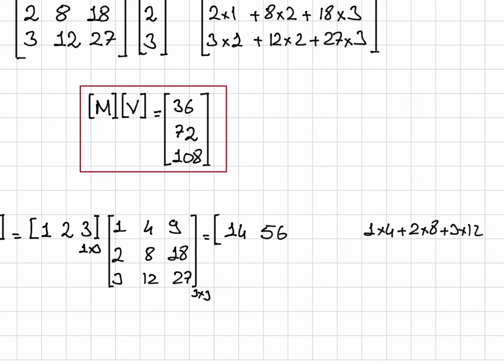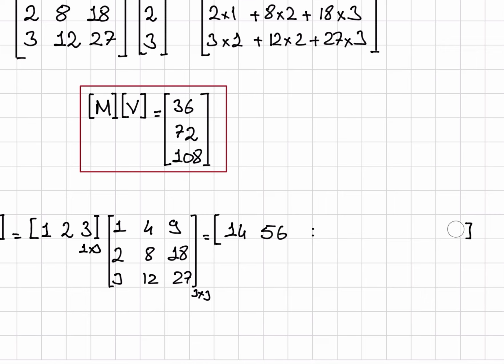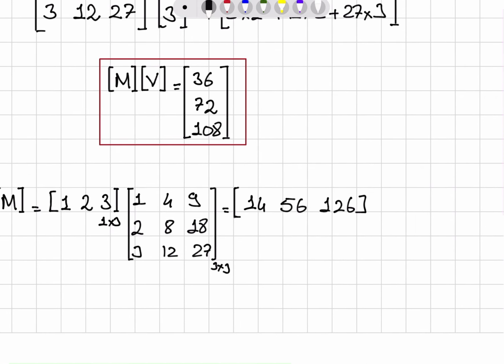And then the last element will be 1 times 9 plus 2 times 18 plus 3 times 27. So this will give us 9 plus 36 plus 81, 126. So I can write my final answer here.